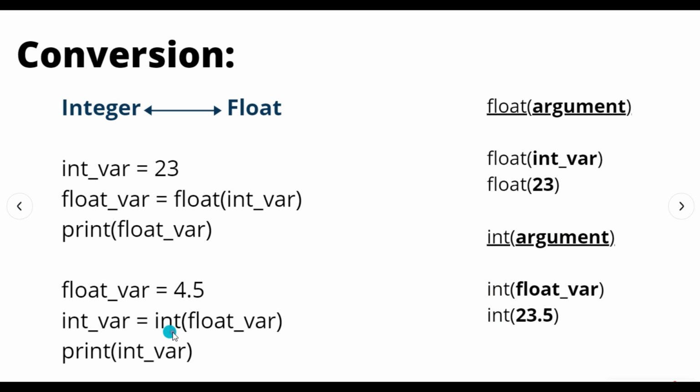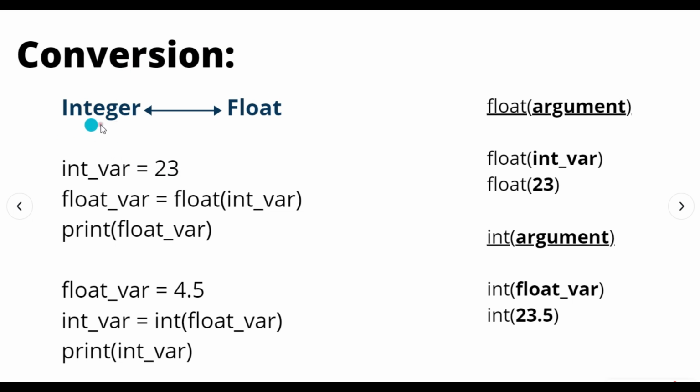So we have used the int function. As an argument we are passing float_var. Okay, so again we are printing what is inside this int_var. Okay, so this is the way to convert any integer number into float number and float number into integer number.